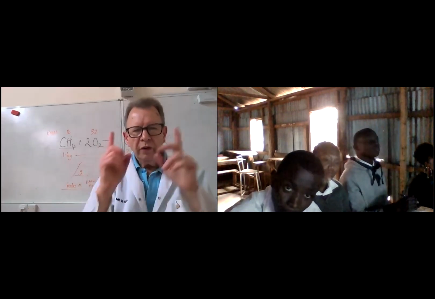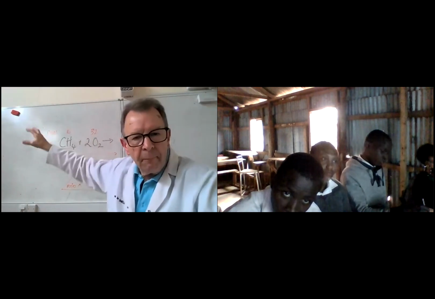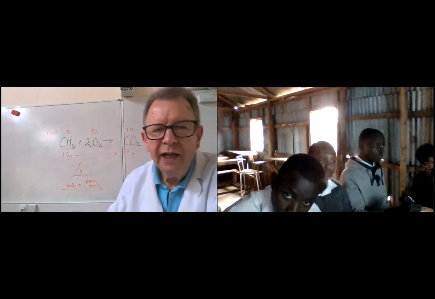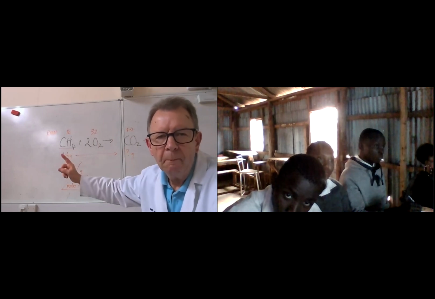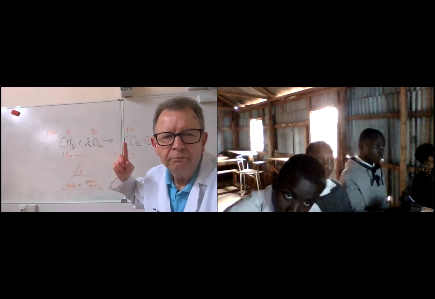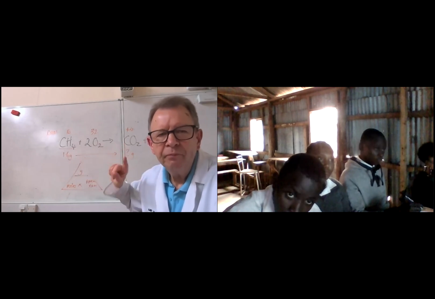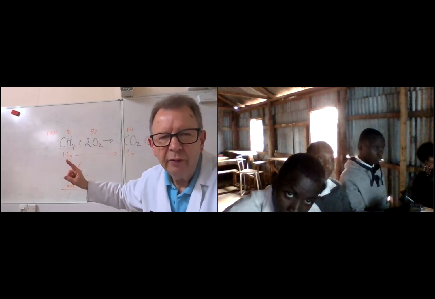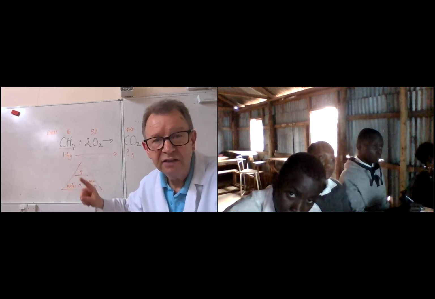So what we've got to remember is if we were able to say 1 molecule of CH4 gives 1 molecule of CO2, then 1 mole gives 1 mole, okay? 1 team gives 1 team. And therefore, what I need to know is how many moles 1.6 grams is. So I put it into this triangle.